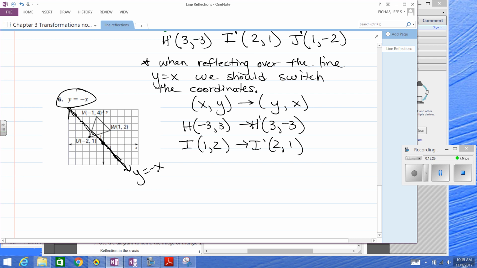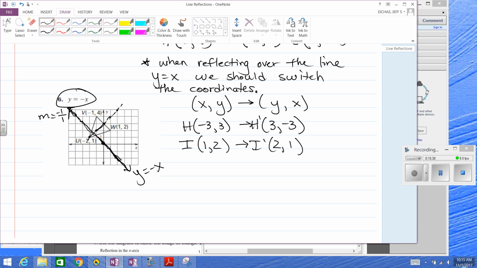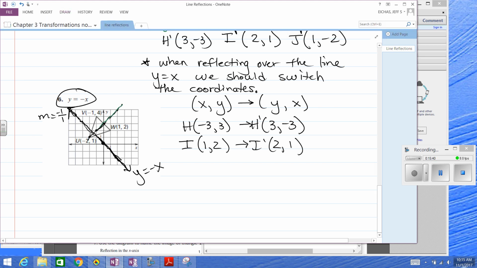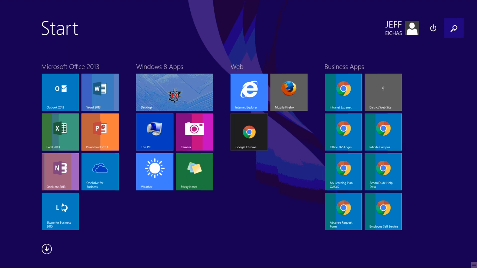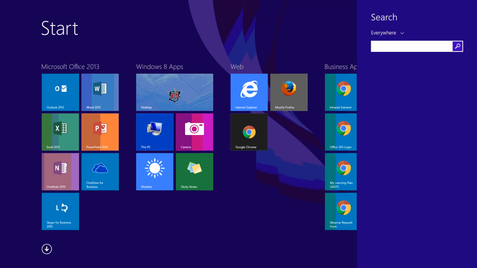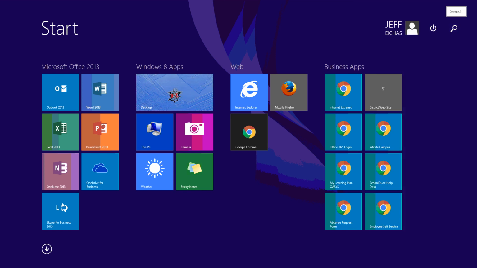Start with U. If this has a slope of negative 1, I have to travel up 1, right 1 to get where U is going to. So U is going to be somewhere on this path right here. U prime, somewhere on this path.